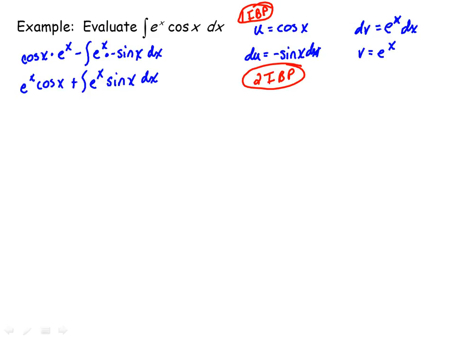If we do a second integration by parts, we have to choose another u and another dv. Don't change it up. Be consistent. So u is going to be sine x. So du is going to be cosine x, and v is going to be e to the x.